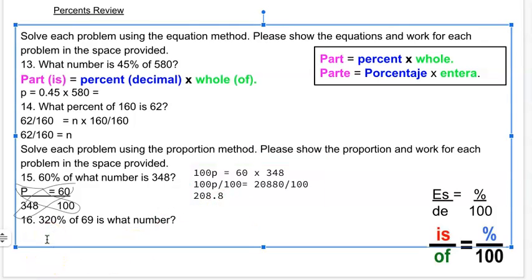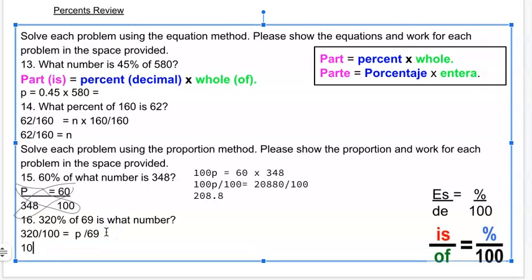The last one says 320%, that'd be 320 over 100, equals, of is 69, that would be on the bottom, and then is what number we don't know, so we're going to use P over 69.